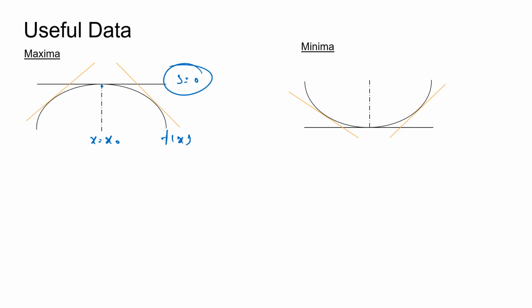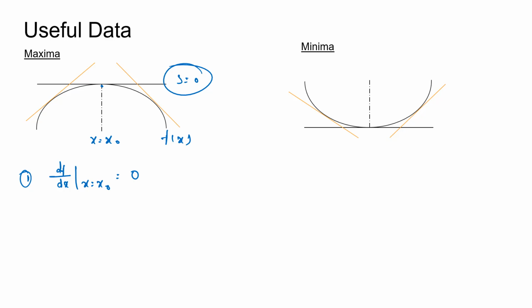So the tangent at maxima will be 0. So the first condition is df/dx, that means the slope at x equal to x0, will be 0. So for a function to be maximum, the slope at x equal to x0, the point where it's getting its maximum value, should be 0.